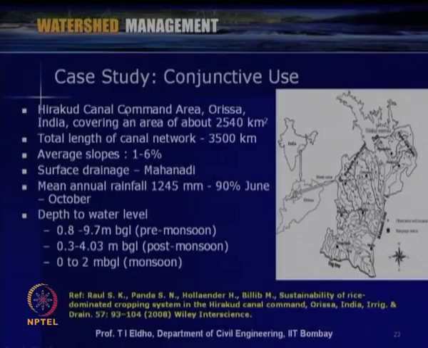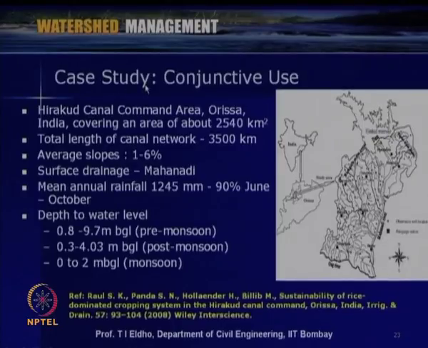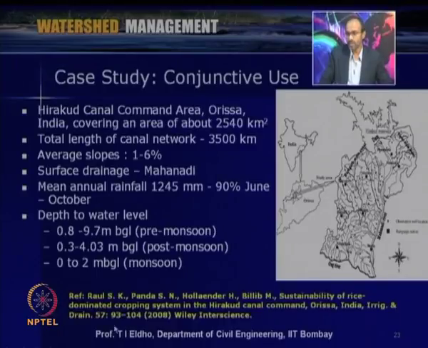Before closing today's lecture, let us briefly look into one case study, as reported on the website of the Central Groundwater Board and by Rout and others in their paper. The case study on conjunctive use is the Hirakud Canal Command area in Orissa, covering approximately 2,540 square kilometers. You can see the Orissa state and the catchment area here.